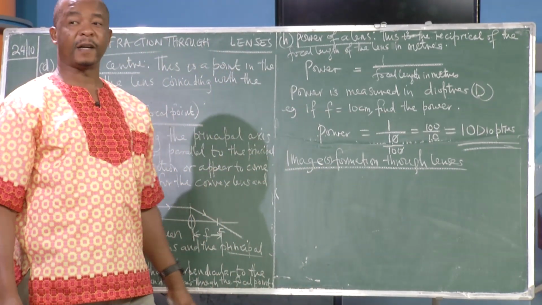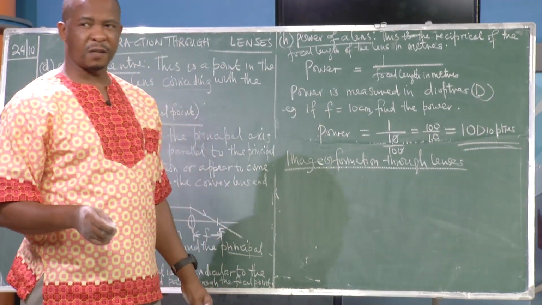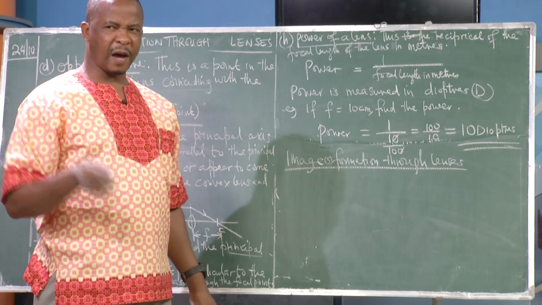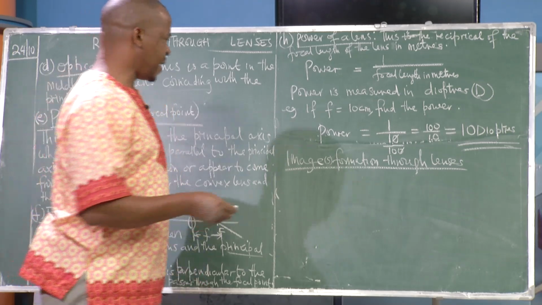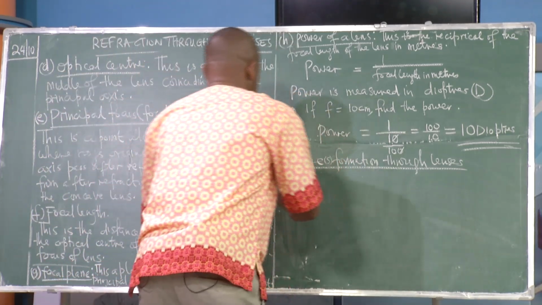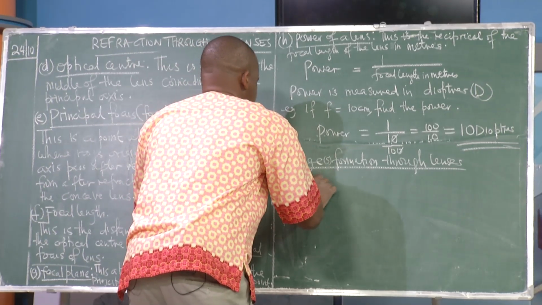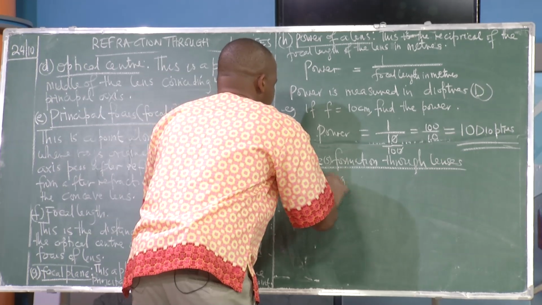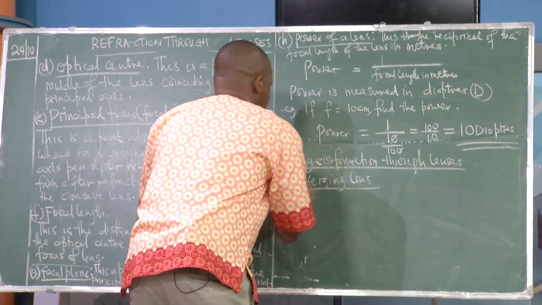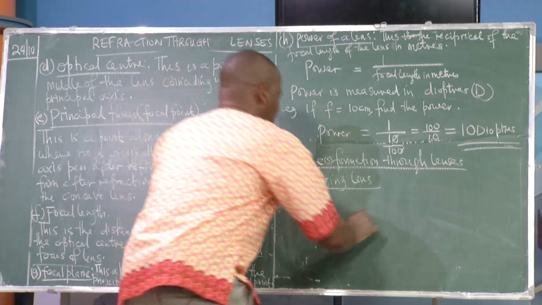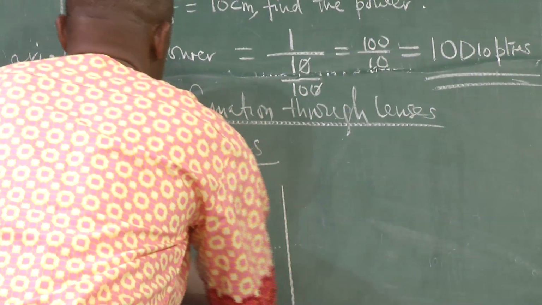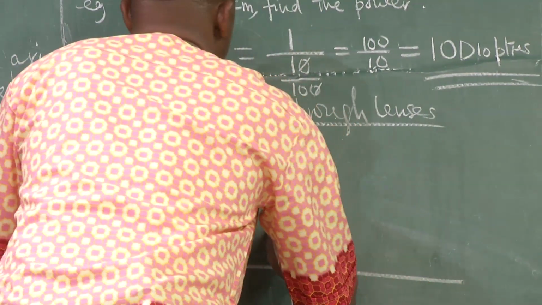Just like we looked at formation of images through mirrors, lenses form images. If I begin with this one as we wind up, the diverging lens, why? Because it has a unique image and only one of the kind.